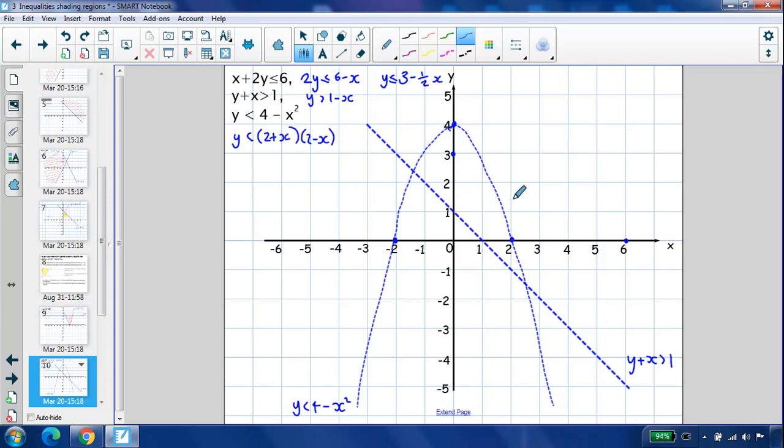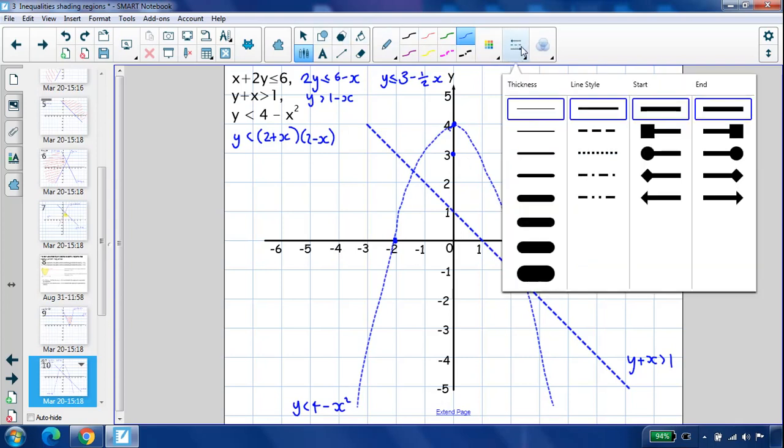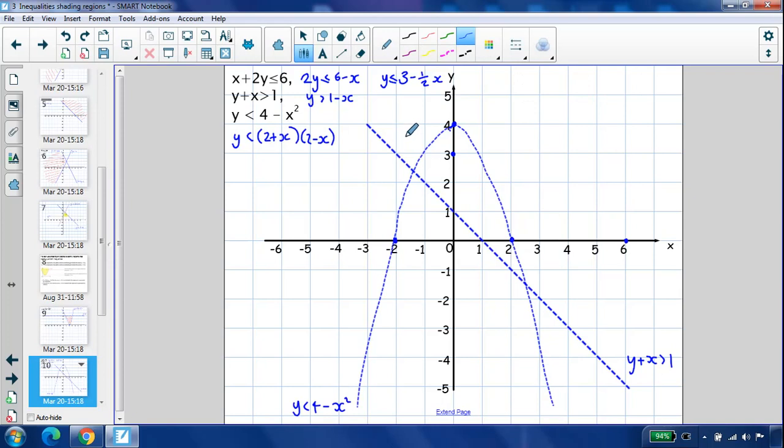It's going to be going like 1 down, 2 along, 1 down, 2 along, 1 down, 2 along, if you like. And let's label that as x plus 2y is less than or equal to 6.